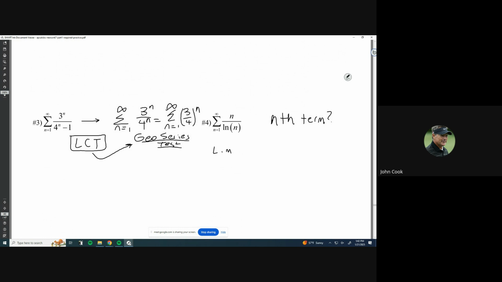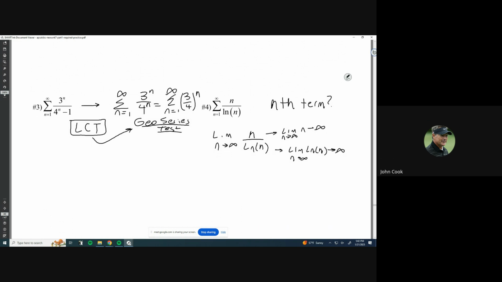So I'd check the limit as n goes to infinity of n over natural log of n. And let's see here, as n goes to infinity for just n, that goes to infinity, obviously. And then natural log of n also goes to infinity.